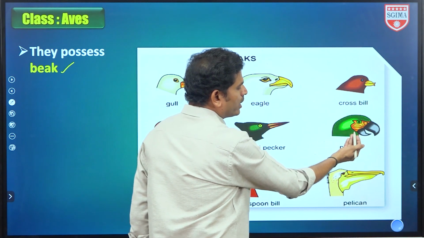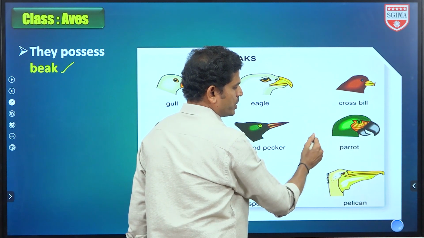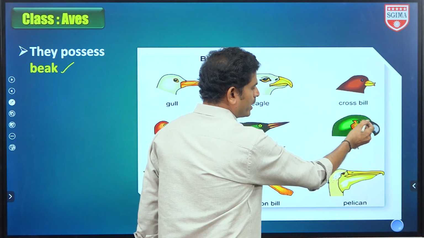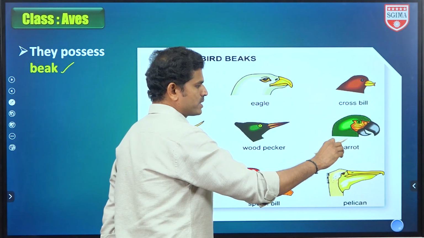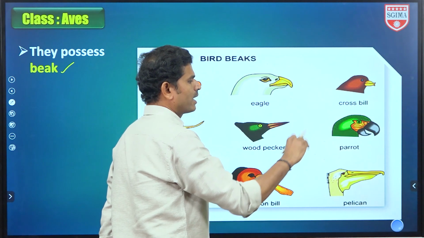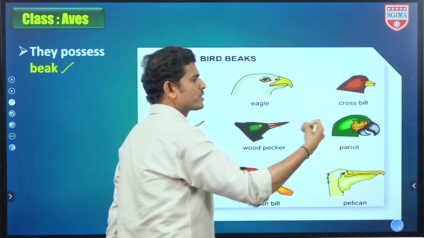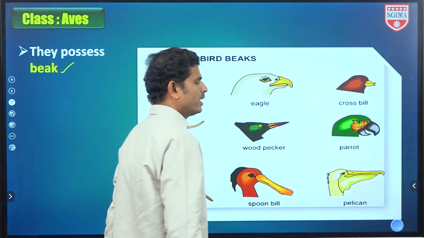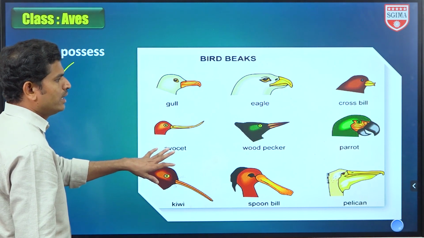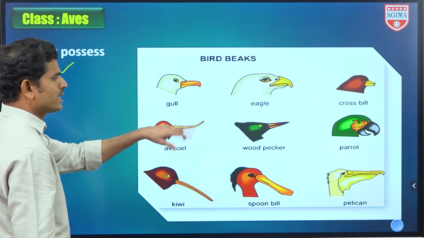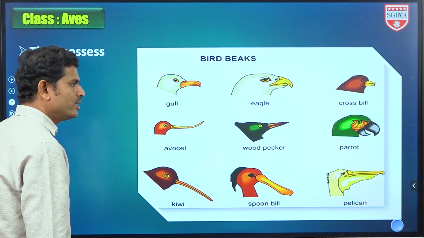This one is vegetarian, so the beak will also be pointed to damage seeds or fruits and eat them easily, or to extract seeds from the fruit. So based on the food materials, habitat and availability of food, the shape and size of the beaks are decided.